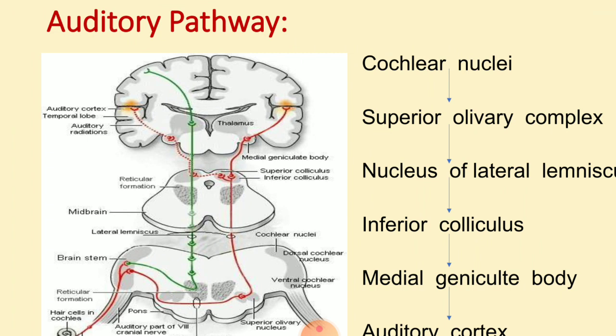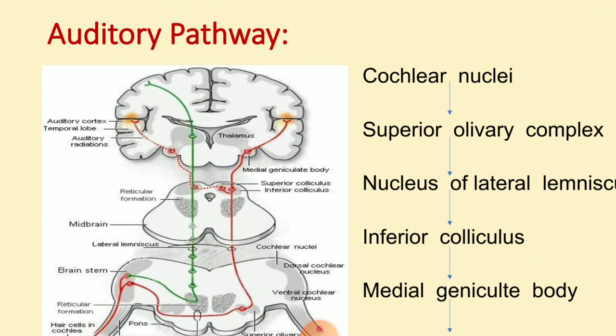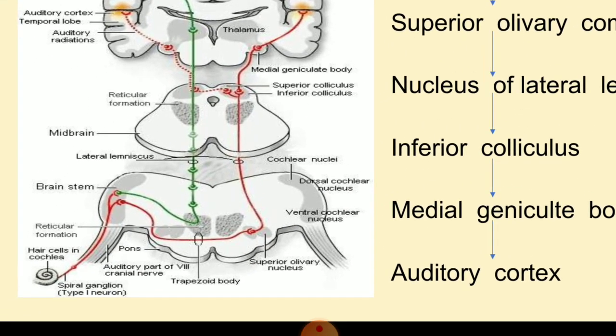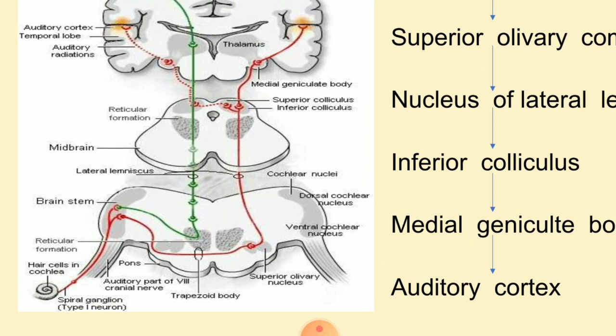Auditory nerve fibers, afferents from the inner hair cells and efferents from the outer hair cells, after getting generated, come out with their cell bodies in the spiral ganglion, from where the axons arise and move as the vestibulocochlear nerve, with their first relay in the dorsal and ventral cochlear nucleus. In the diagram you are clearly seeing the dorsal and ventral cochlear nucleus.